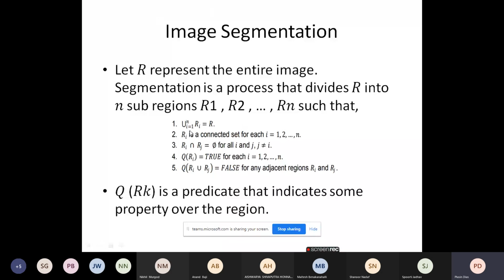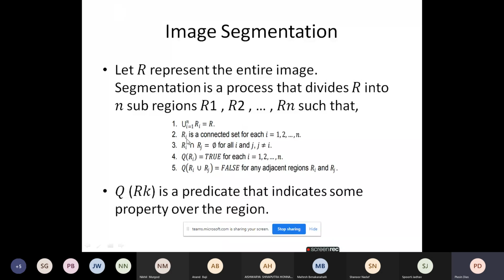Once R represents the entire image and is divided into n regions, it will follow some rules or conditions. The union of Ri for i equal to 1 to n, whatever regions you have partitioned, if you combine them together, you should get R. Obviously that will be true because you are partitioning R into subregions. So the union of Ri is R.